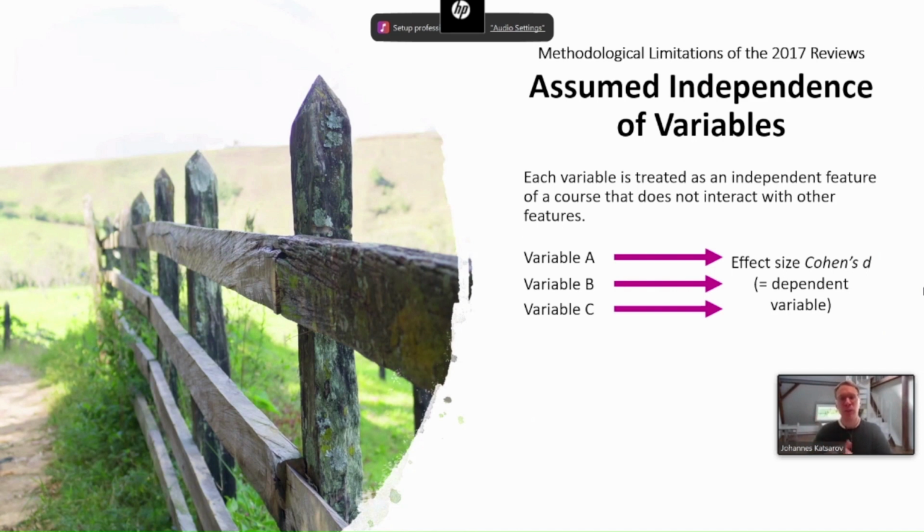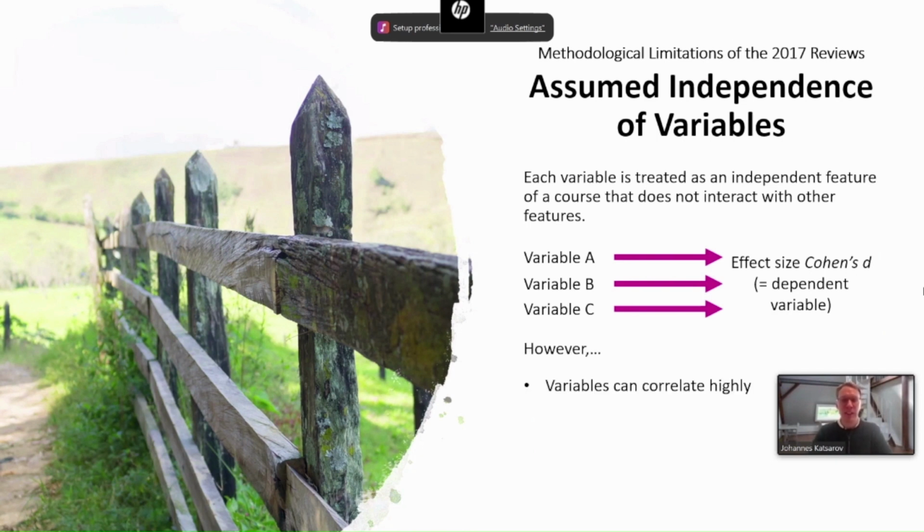And you do that for 77 different variables, and you get different kinds of medium effect sizes. There you find, are there factors that distinguish highly effective courses from courses that are not effective at all? And this is precisely what they did in these studies. This was the core of their work.